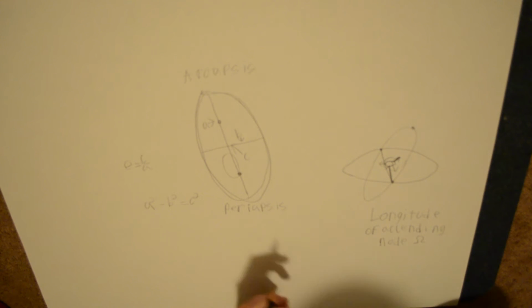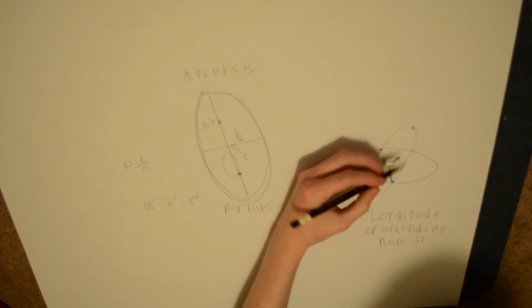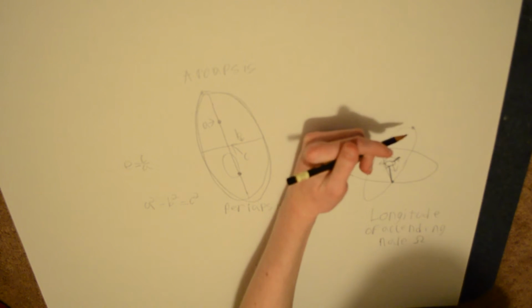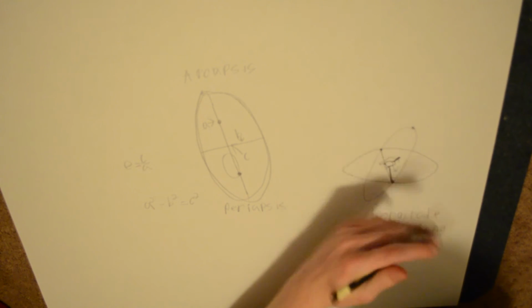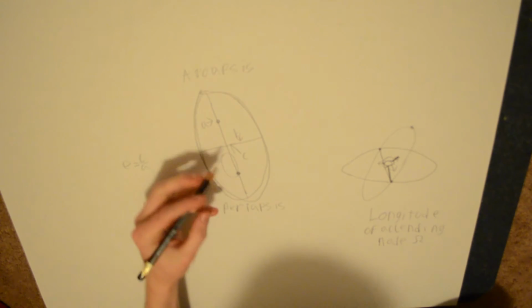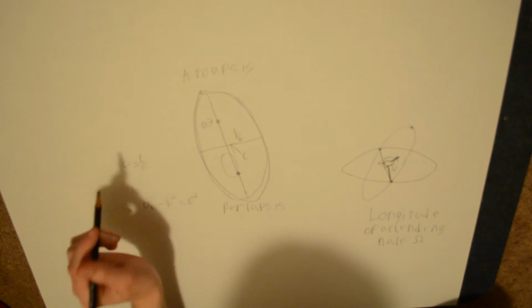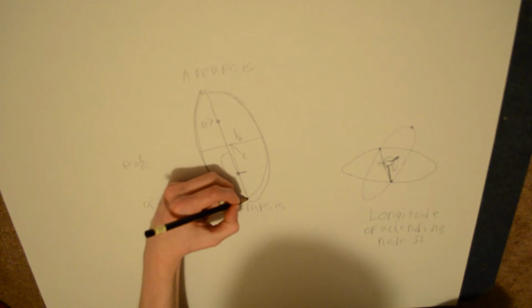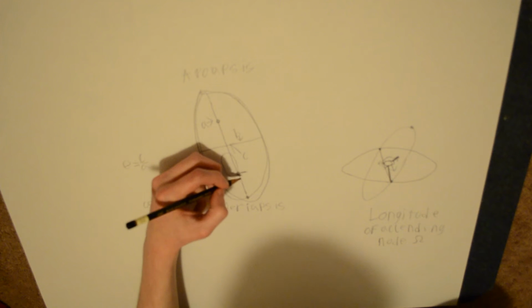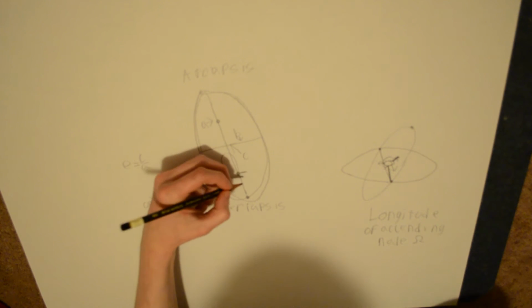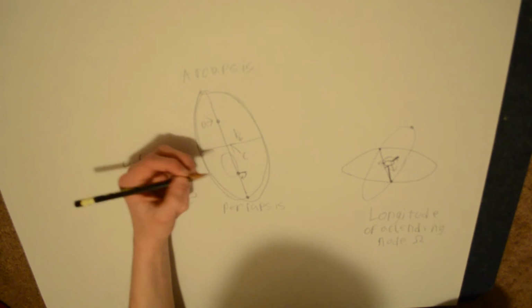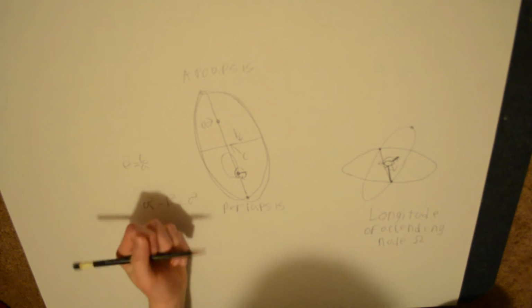something like that. So that is one angle, and then you have the argument of periapsis, which determines the orientation here, which I'll just use this for an example. So let's say your ascending node was like this way, and your periapsis is here. Your argument of periapsis would go around like this, or go around like that.